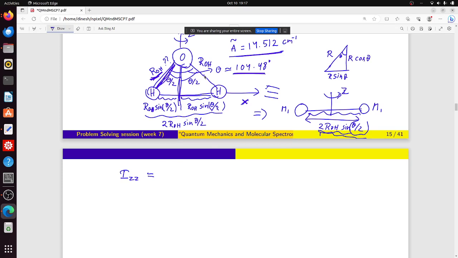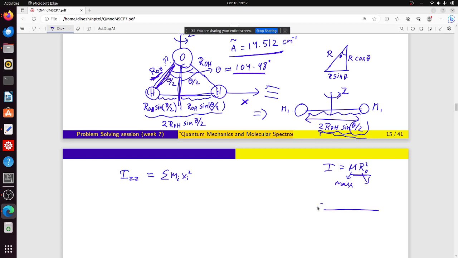So this total moment of inertia around the z-axis will be, not total mass, individual mass times individual coordinate squared. Like we had I equal to mu r naught squared, right? So mu, what is mu? Reduced mass. But it's mass, right? In this case also this is mass.